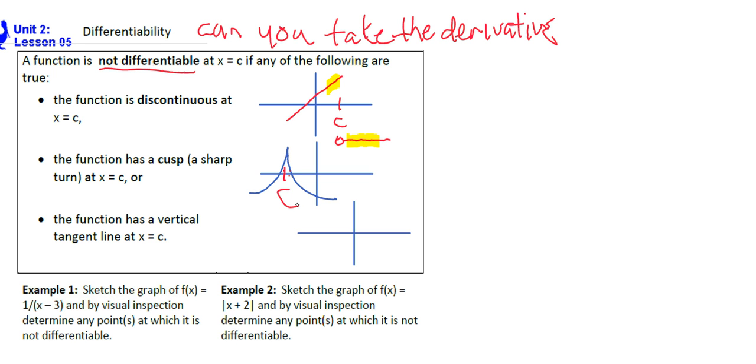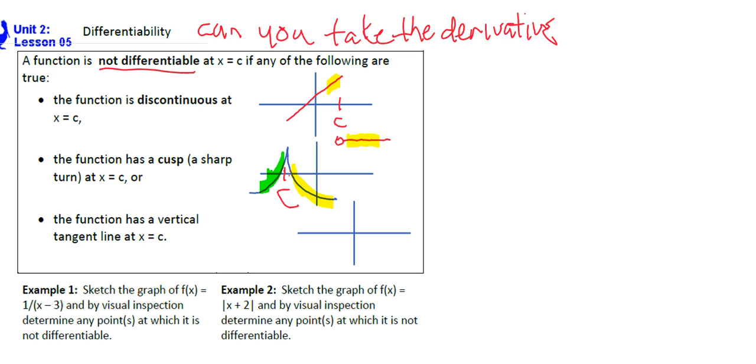Likewise, you can take the derivative anywhere along this curve from the left-hand side and from the right-hand side. But when you get to that sharp corner, it's not a smooth transition, so it never equals a horizontal line there. It just takes that sharp turn, so you can't take the derivative of that.